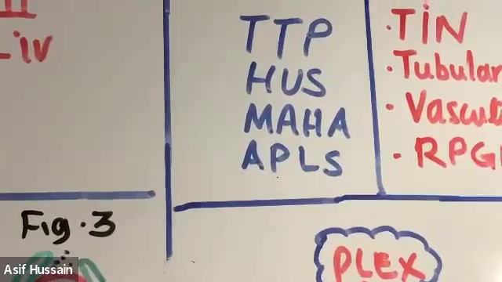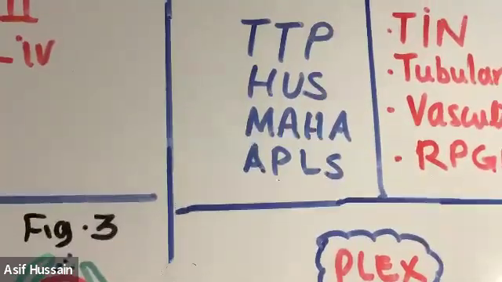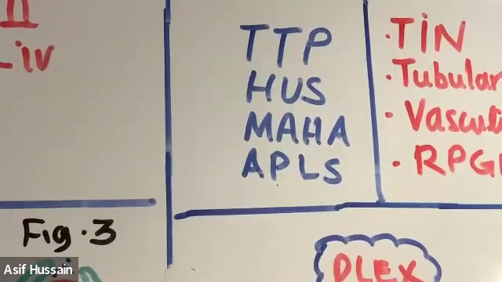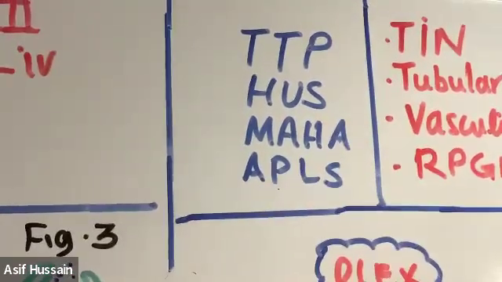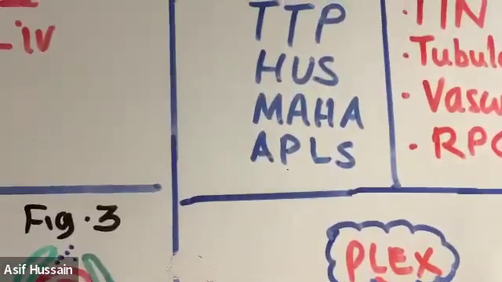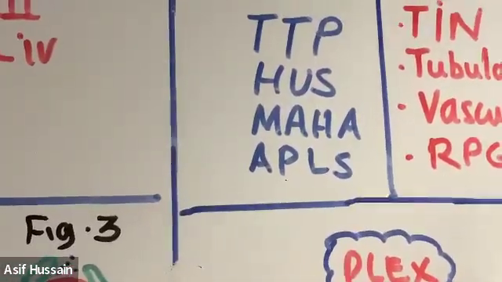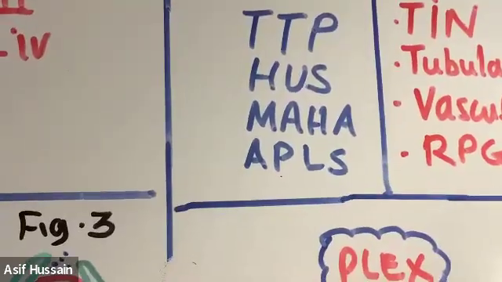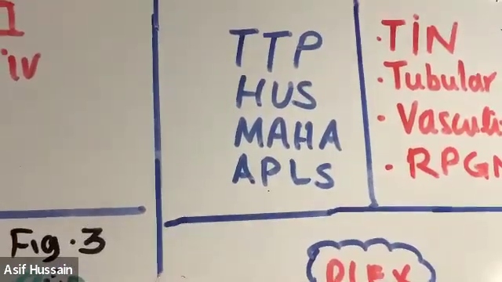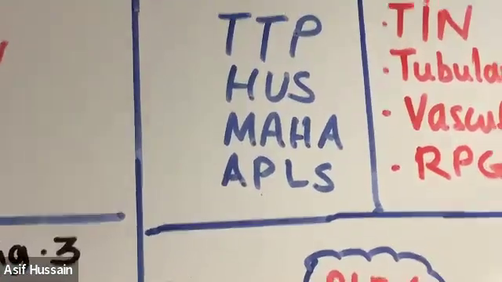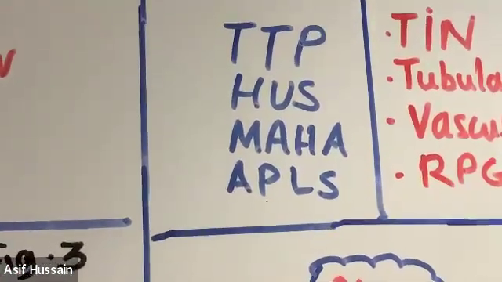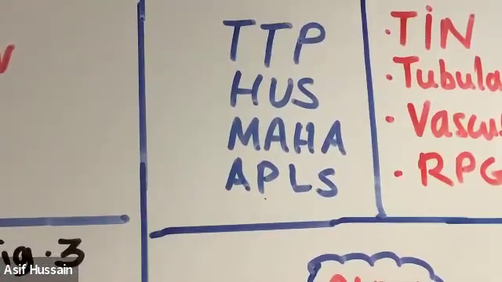TTP and HUS are basically platelet plugs. They are plugs of platelets blocking the glomerular capillaries. The other body capillaries can also be involved, but because we're talking about the glomerular findings, we will focus on those rather than the systemic findings, but the patient may have other organ involvement as well in TTP and HUS.